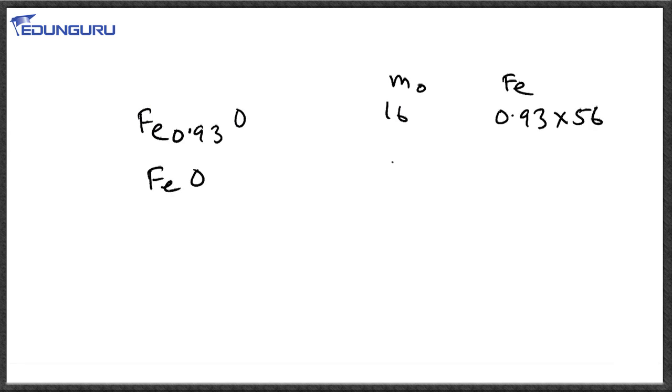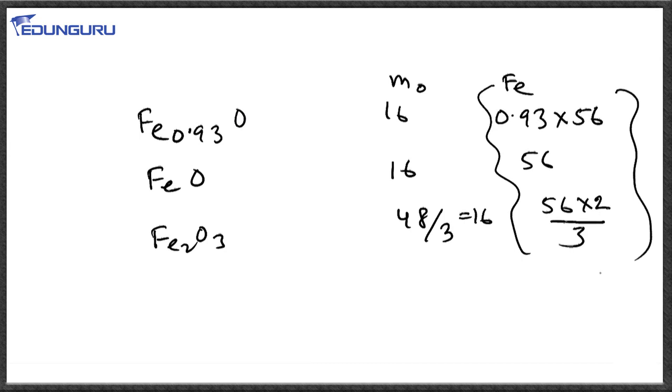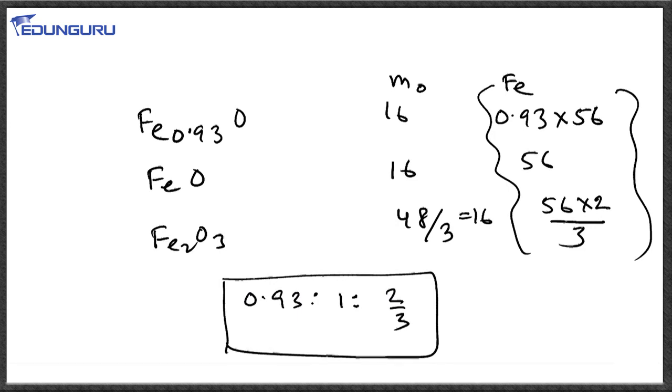In FeO, it is 16 gram oxygen and 56 gram iron, and in Fe2O3 you can check that it is 48 gram oxygen, then divided by 3 it is 16 gram, so the iron will be 56 into 2 by 3. Do you think this ratio is a simple whole number ratio? Not at all. It is 0.93 is to 1 is to 2 by 3. So, it is not a simple whole number ratio.